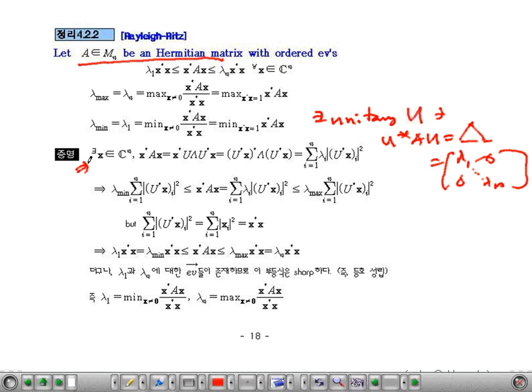Since it's a unitary matrix, x star Ax can be written by replacing A with U sigma U star. Then we can rewrite it in this way.